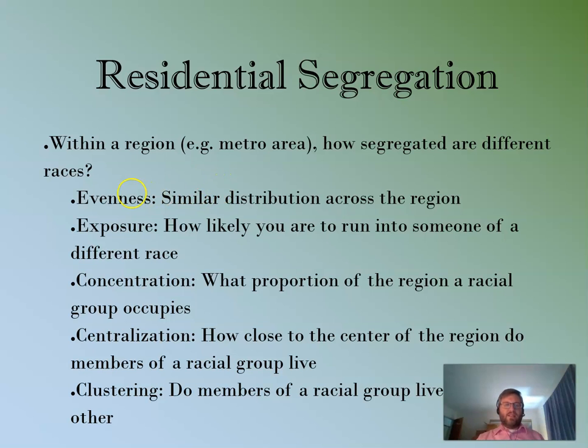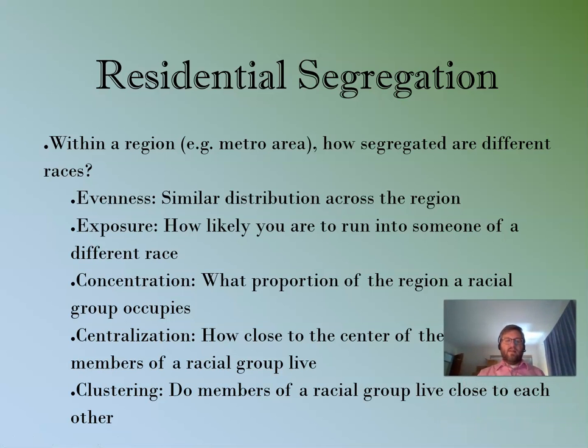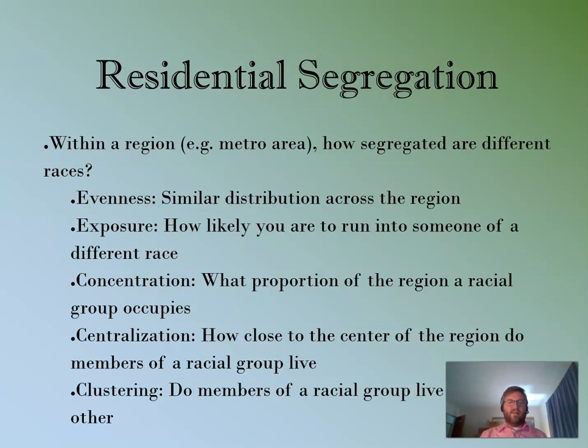And then the last measurement that we might look at is clustering. That is, do members of a certain racial group tend to live close to each other? Do we see big blobs of people of a certain race? So there's a number of different ways that we can evaluate the levels of residential segregation that exist within a region.